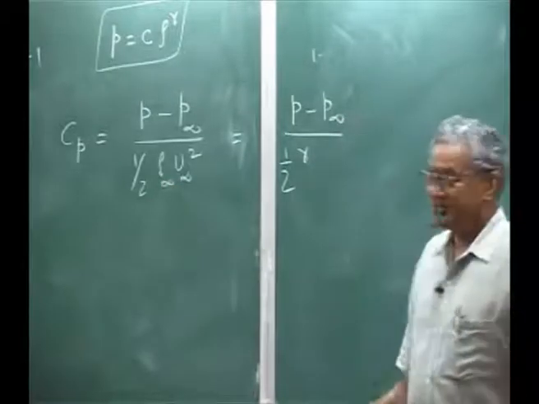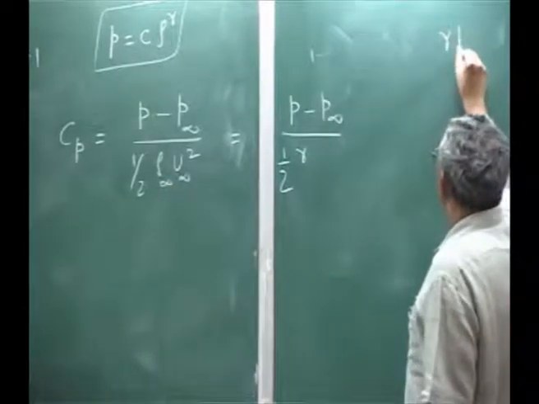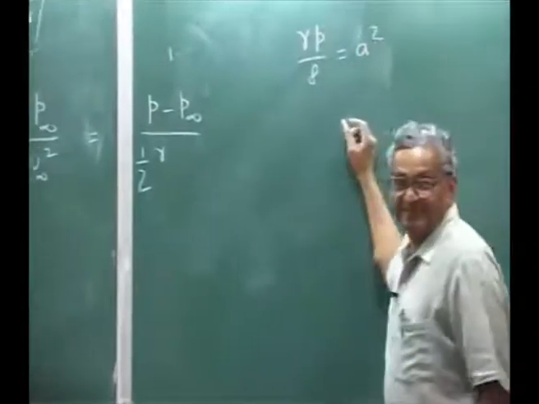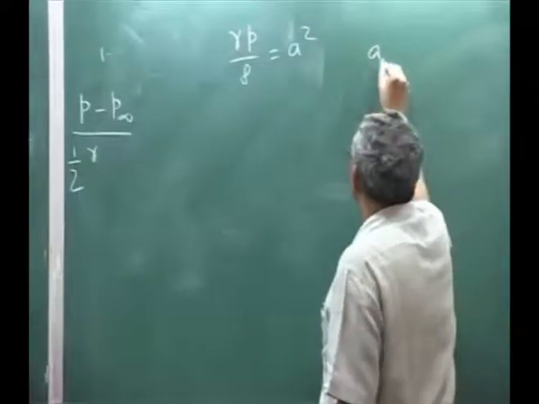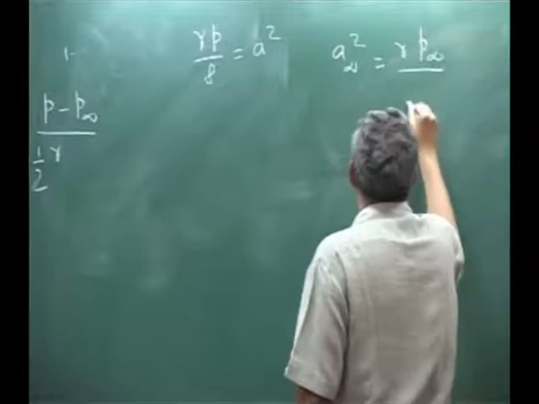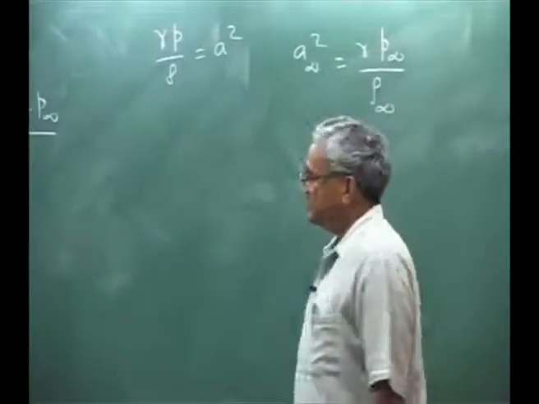I am putting gamma p over rho is what? A square. Or in other words, A infinity square is gamma p infinity over rho infinity.